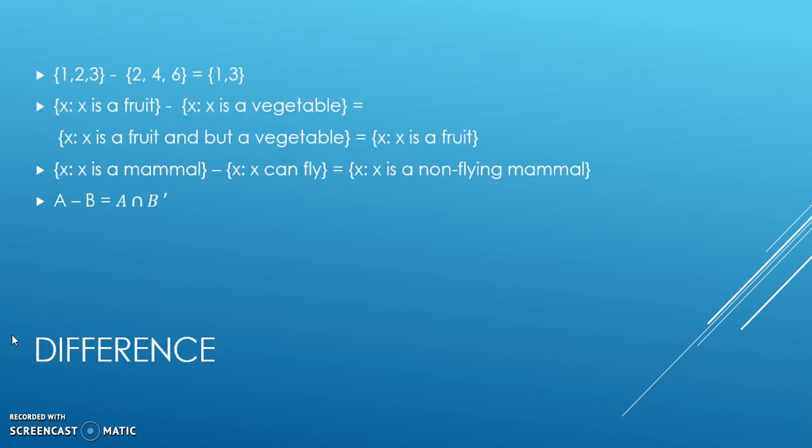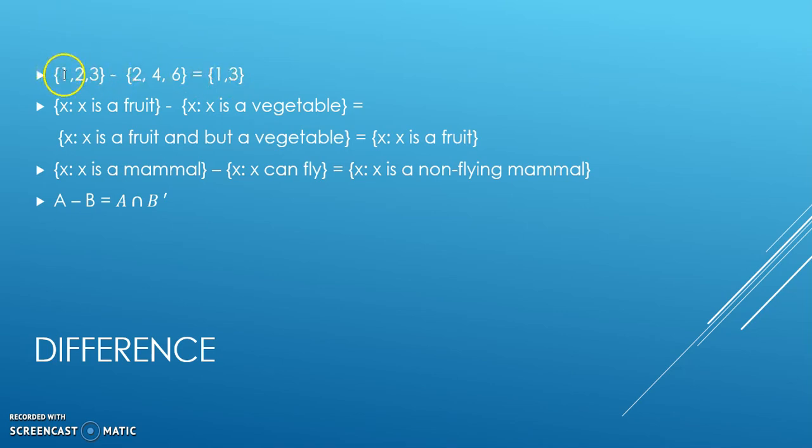Difference. So difference removes the second set from the first. So here we have, with my 2 other examples, if I start with 1, 2, 3, and I remove from that 2, 4, 6, I find the thing that they have in common, the 2 is what they have in common, and I remove that from the first set. Now notice, the 4 and 6, that was in the second set, aren't listed at all in the difference.